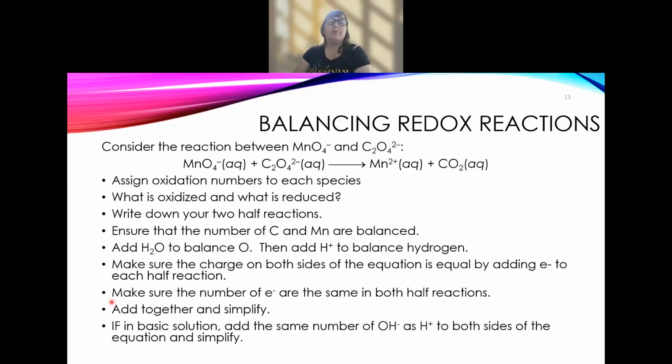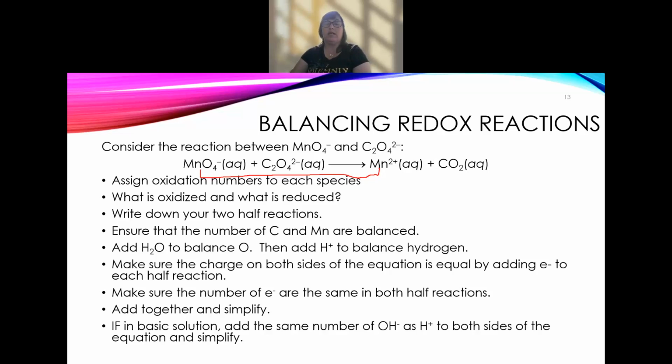What are the two half reactions that we're going to deal with? Now, I know that I'm skipping the assigning oxidation numbers because I don't do that first. I write my half reactions first. So my first half reaction, and I'm not actually going to write this because the paper I'm going to give you has it, and it's complicated to do this way. My first half reaction is the MnO4- going to the Mn2+.